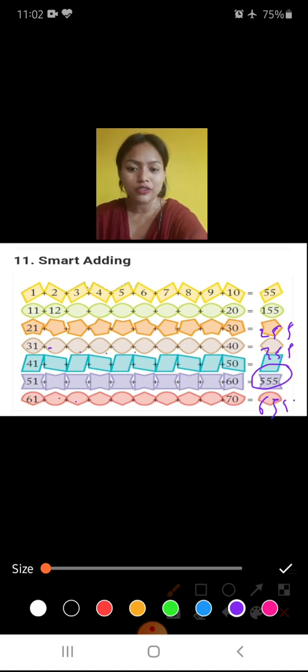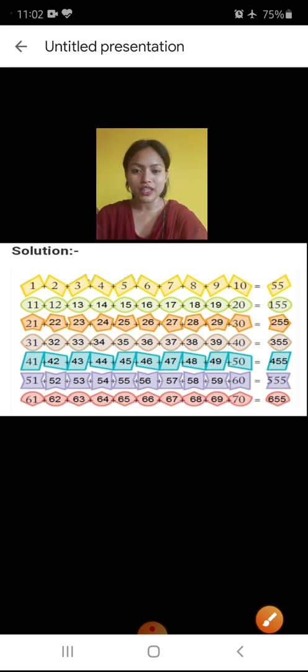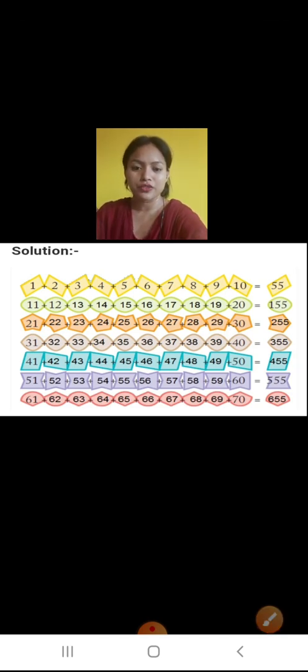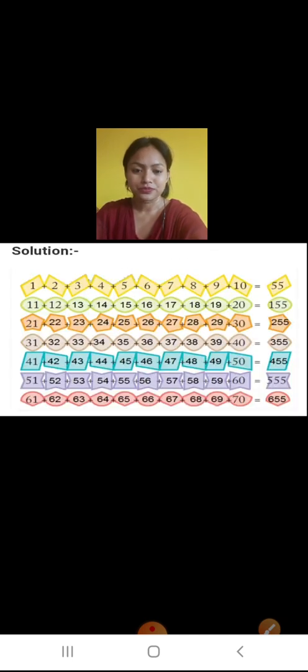You can write here 41, 42, 43, 44, 45, 46, 47 and so on, 51, 52, 53, 54 and so on, 61, 62, 63, 64 and so on. When you add, you will get the answers. So this is the solution of the previous question: 55, 155, 255 and so on.